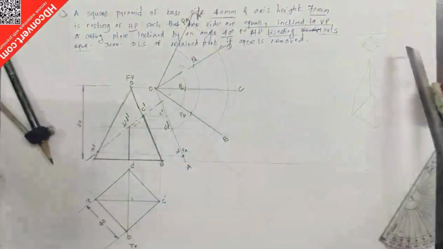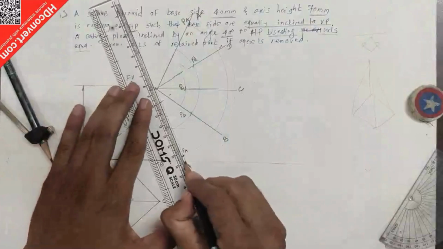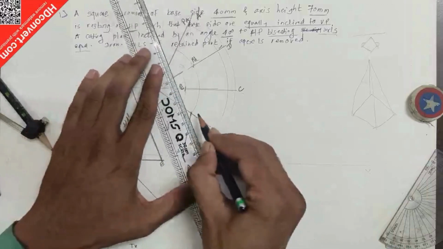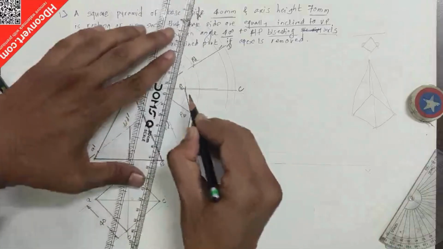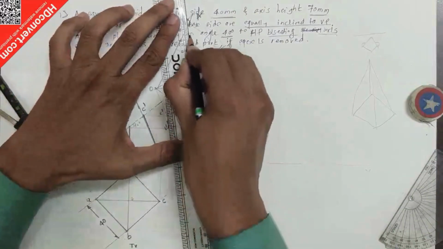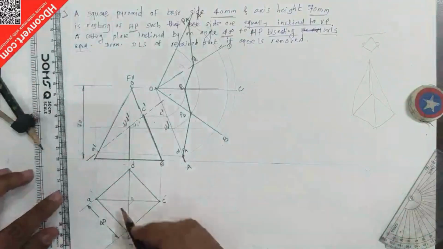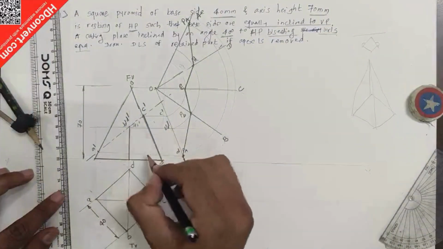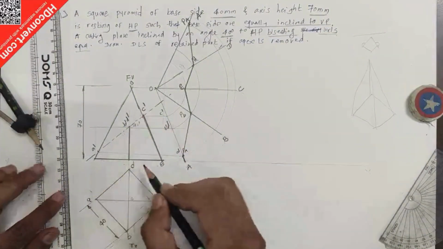I just join all the points like this. So first is 1, 2, then 3, then 4th, then 5th, like this. These lines are the heights of A', B', D'. Now I have to draw the base.